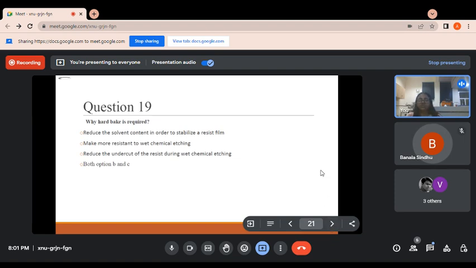So the next question is why hard bake is required. The first option is reduce the solvent content in order to stabilize the resist film. The second option is make more resistant to wet chemical etching.